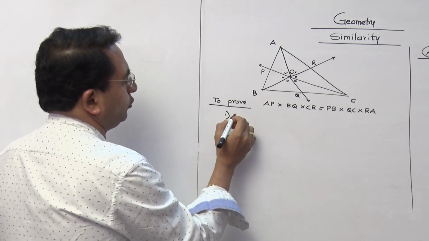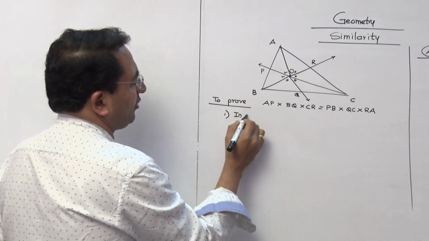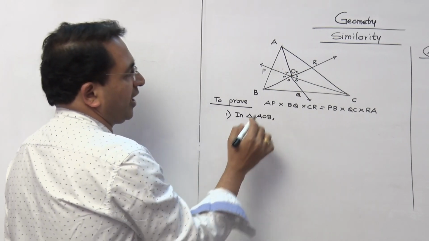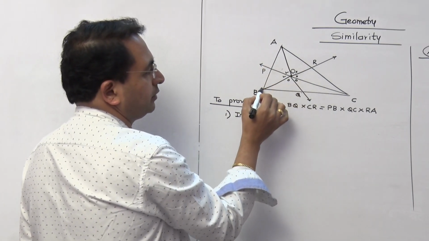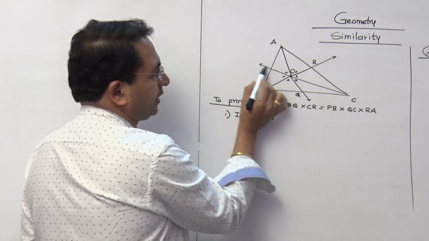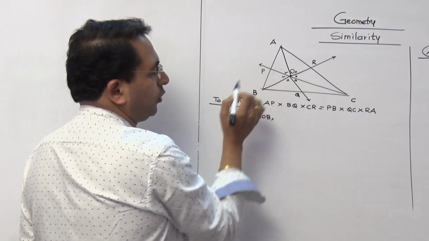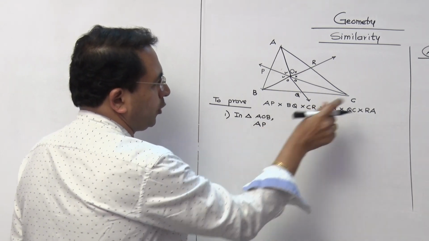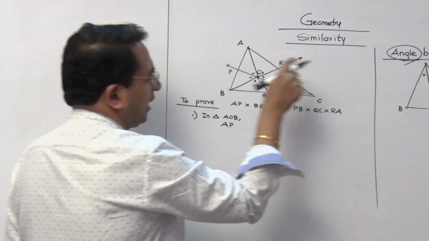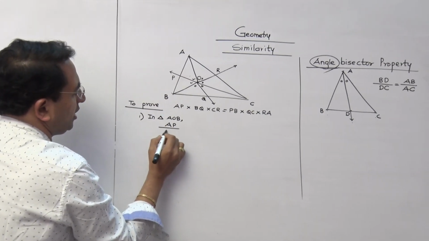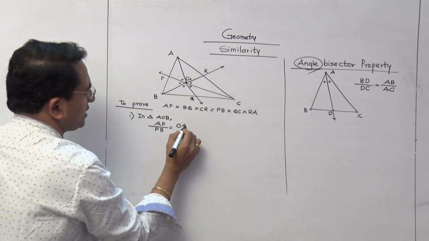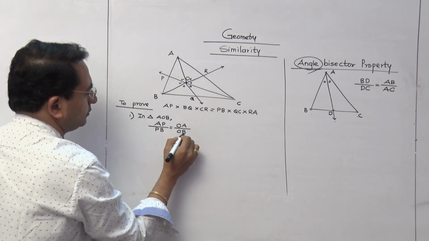Now I will consider triangle AOB. OP is a bisector, no? So I can write AP upon PB is equal to OA upon OB.